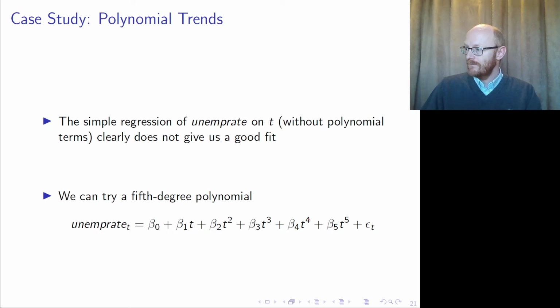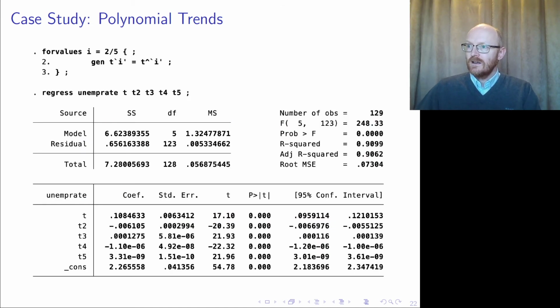So we can try a higher degree polynomial of time. Let's say we try this 5 degree polynomial.